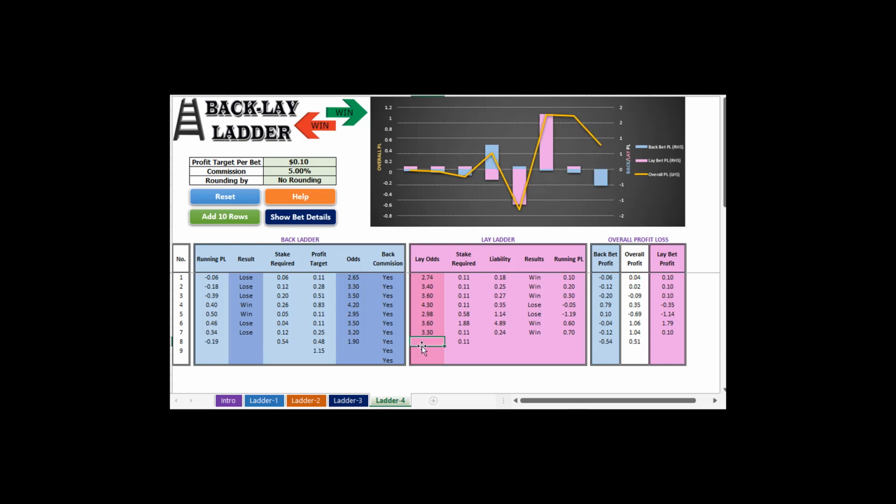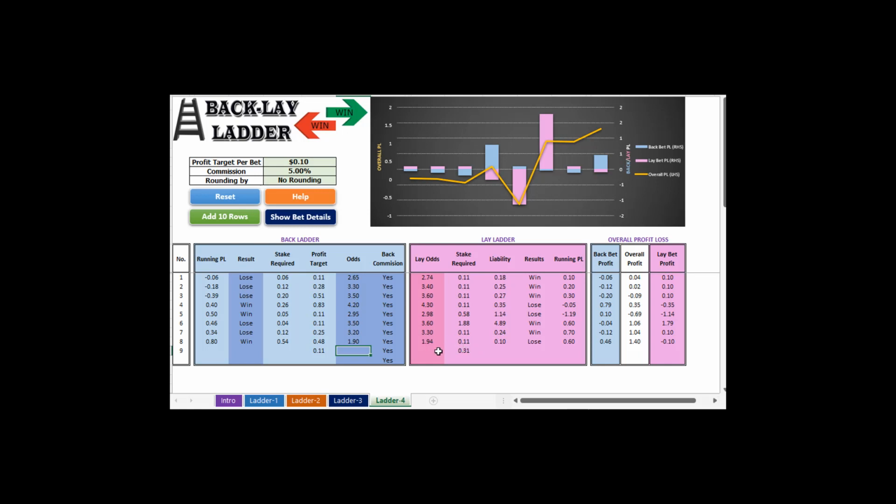Okay, so 1.9 would be about 1.94, and it wins here. We can see that the stake required to make the profit is 54p, and we lost here, so we don't lose too much.